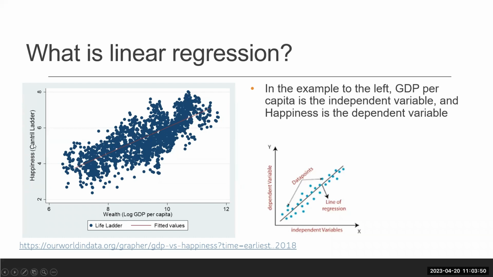Looks like happiness is measured on this psychological framework. I think it's called the Cantril ladder, whatever that is. I don't know what that is, but there's some kind of framework they use for the survey to measure satisfaction or happiness. In the example to the left, GDP per capita is the independent variable. Like I said, we put that on the x-axis, and happiness is the dependent variable.